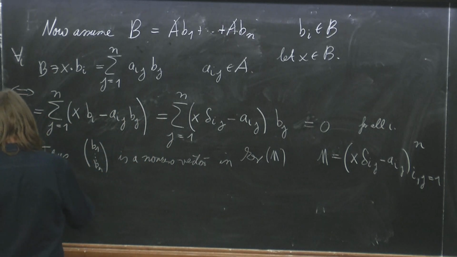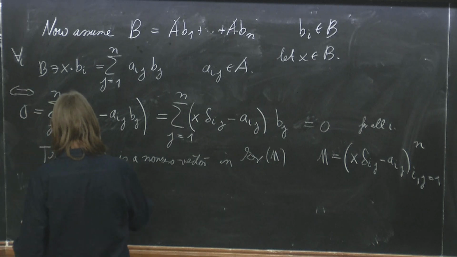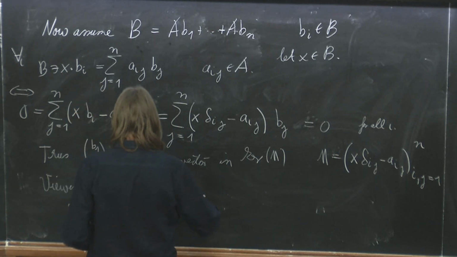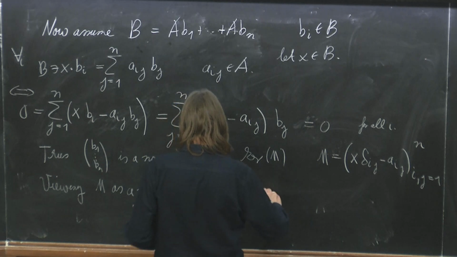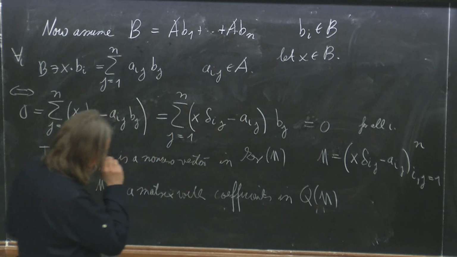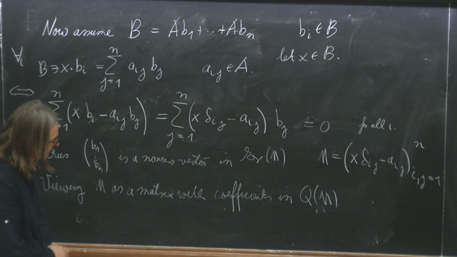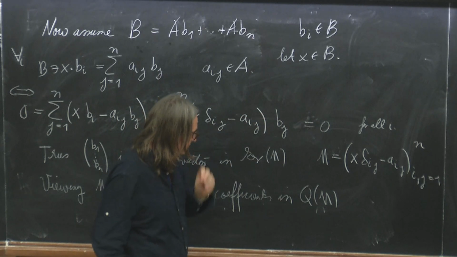So viewing M as a matrix with coefficients in the fraction field Q of B, because B is a subring of Q of B. If you have a matrix with coefficients in a field, then we know it has non-zero elements in its kernel if and only if its determinant is 0.